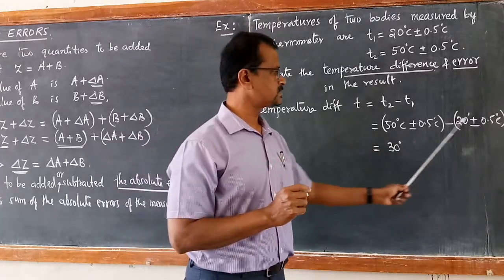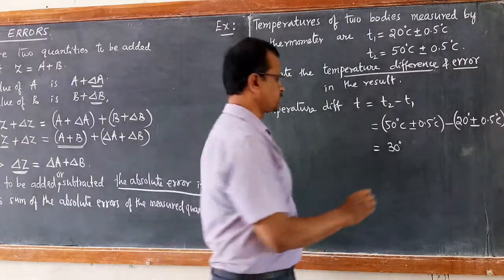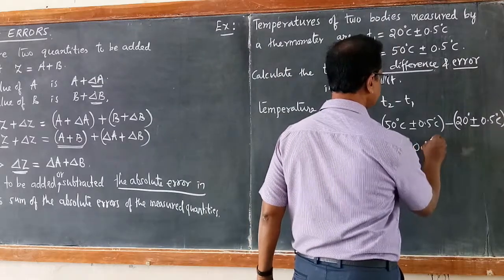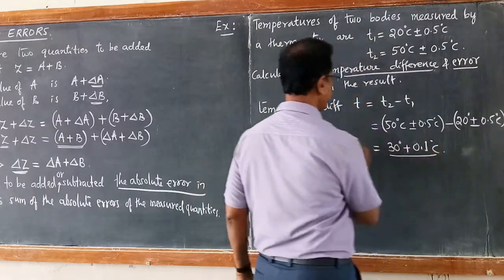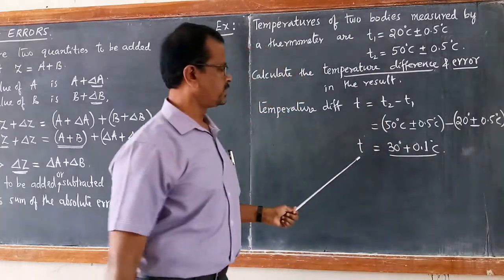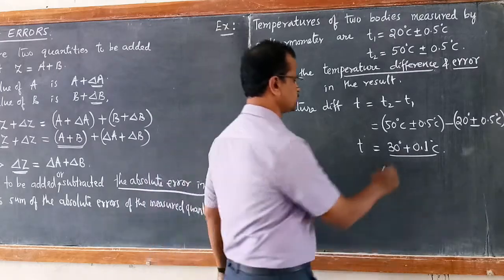The sum of the absolute errors in the measured quantities is 0.5 plus 0.5, that's it.